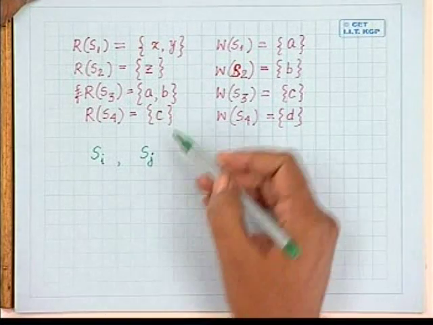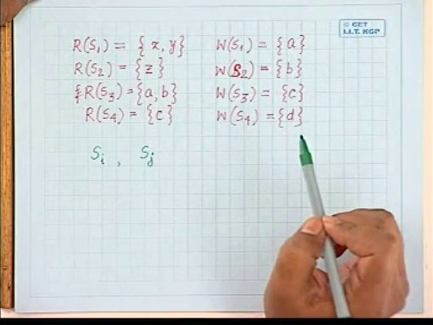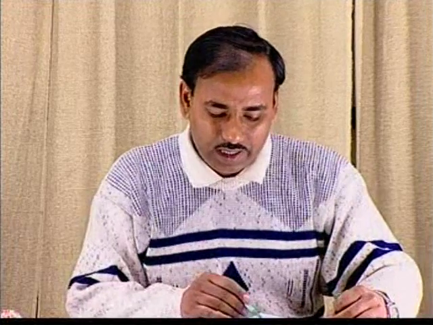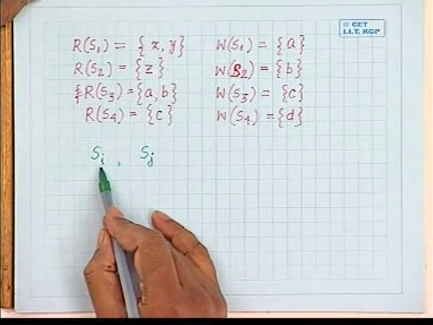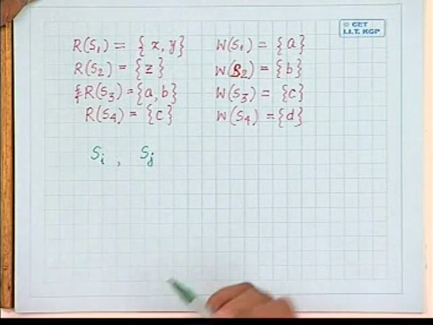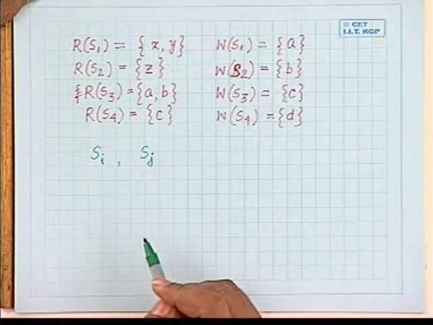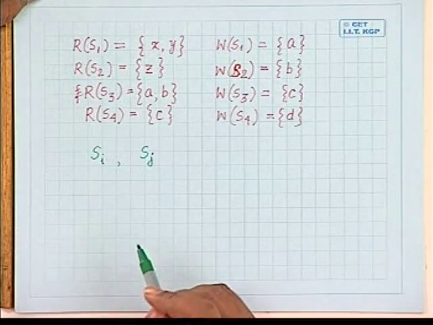Okay. So, by studying this read set and write set, we can conclude that these two statements Si and Sj can be executed concurrently provided the write set of one does not intersect with any of the sets of the other one, and vice versa.